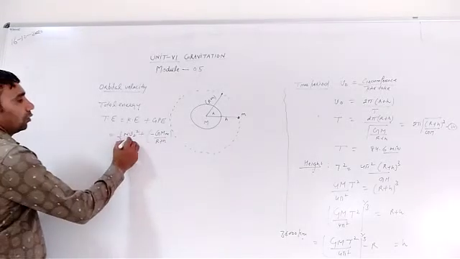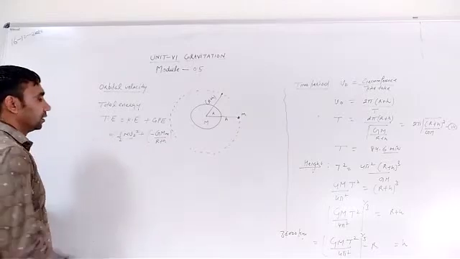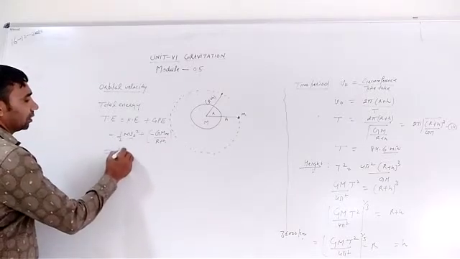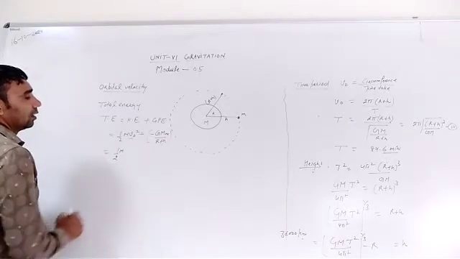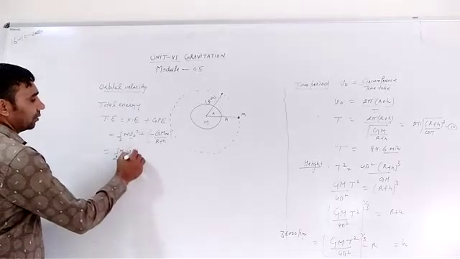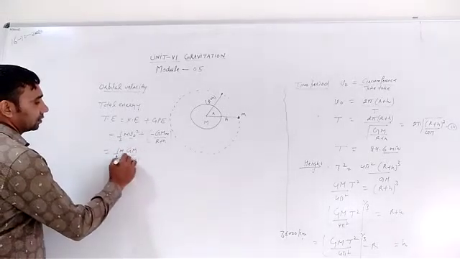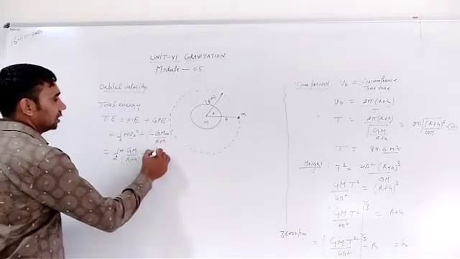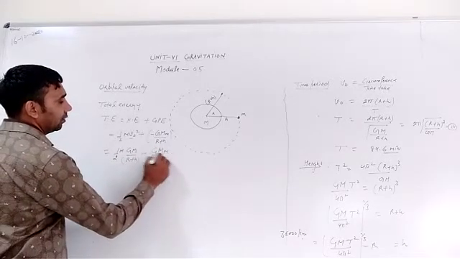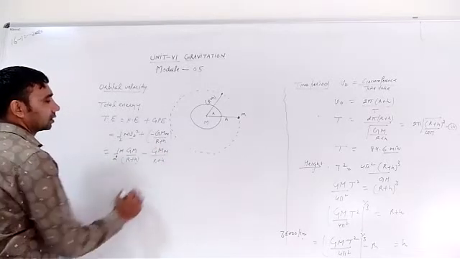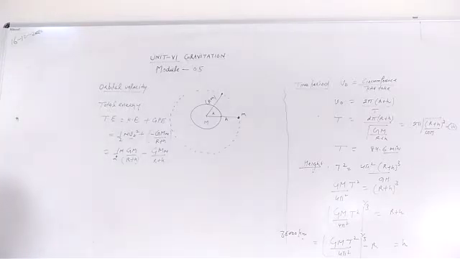Putting the value of v naught squared, that is 1/2 m GM divided by (R plus h) minus GMm divided by (R plus h).